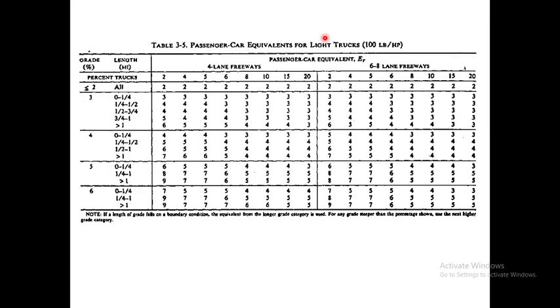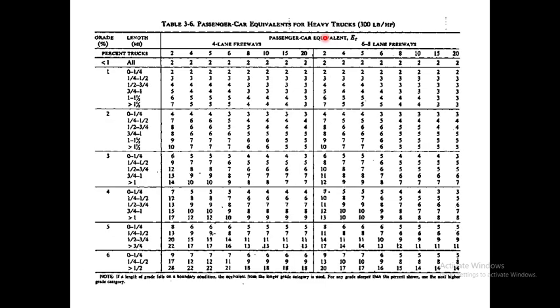This table is used for light trucks, exactly like the previous one, and the other one is for heavy trucks. So it depends on the specific grade and the length.